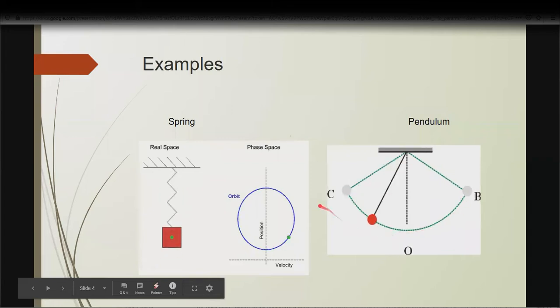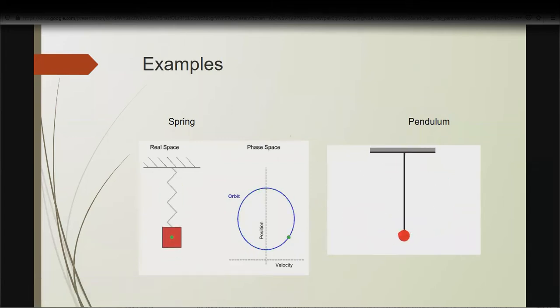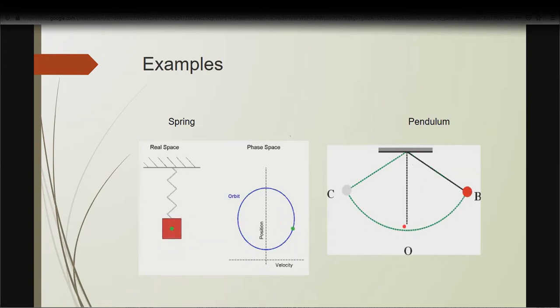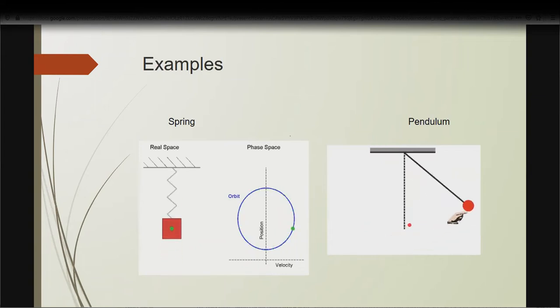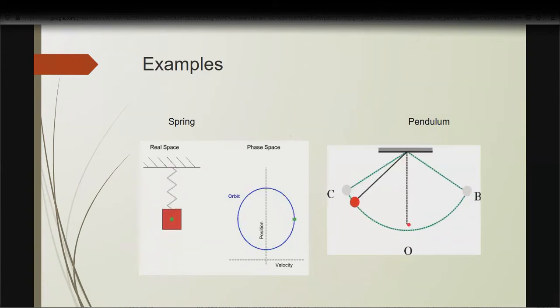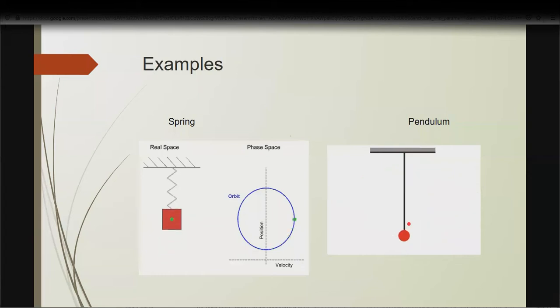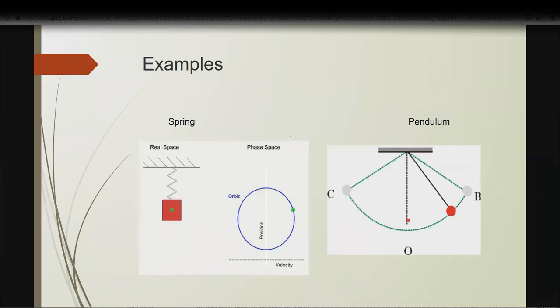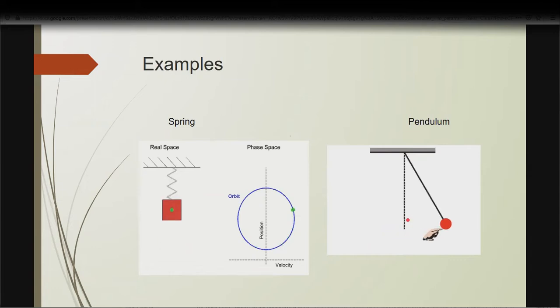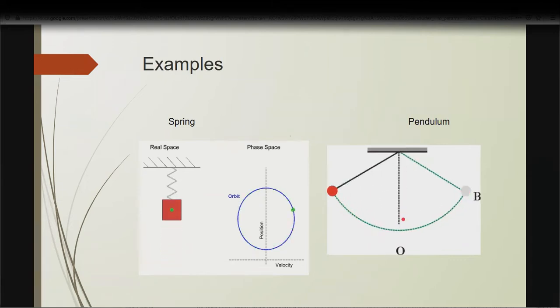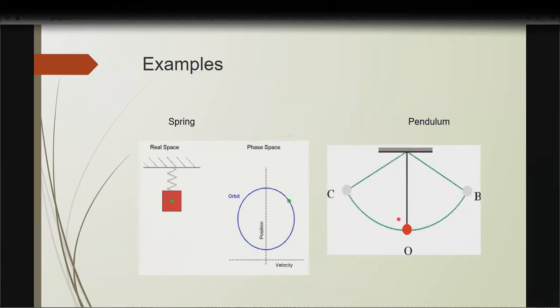B to O, O to C, again C to O. This is one complete circle, and the time taken to complete that one is called period. It is the time taken from B to O, O to C, again C to O, and O to B.